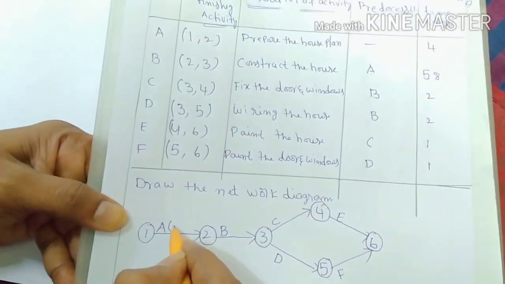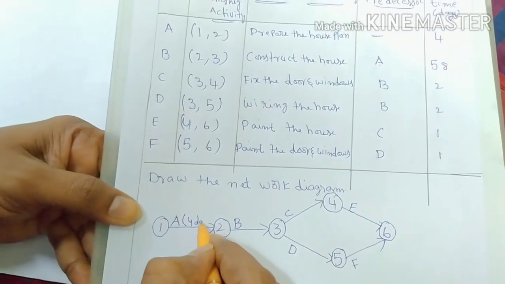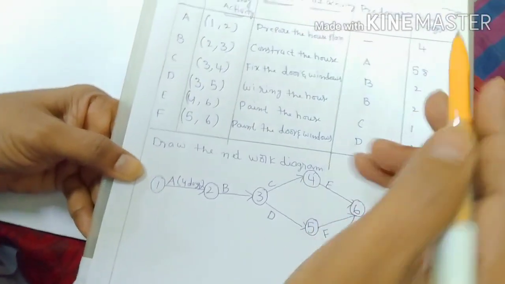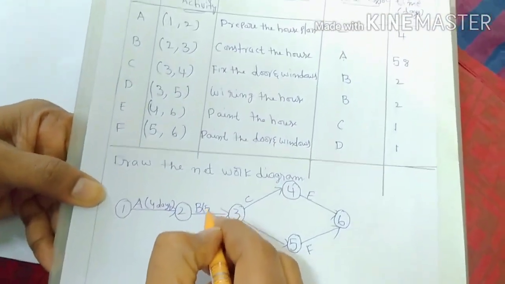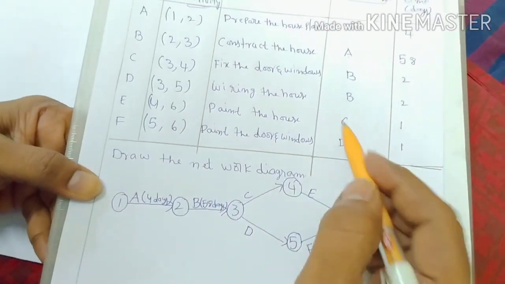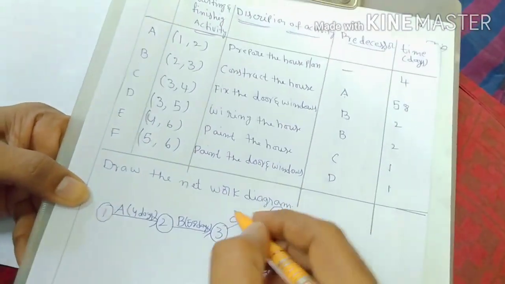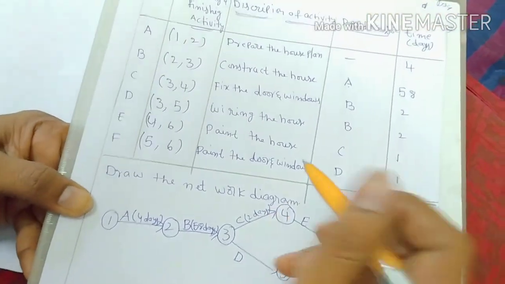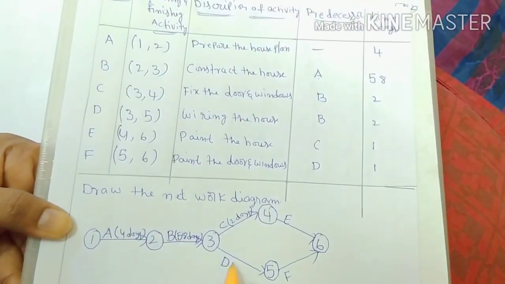A 4 days. Next here B 58 days. Next C 2 days. D 2 days.